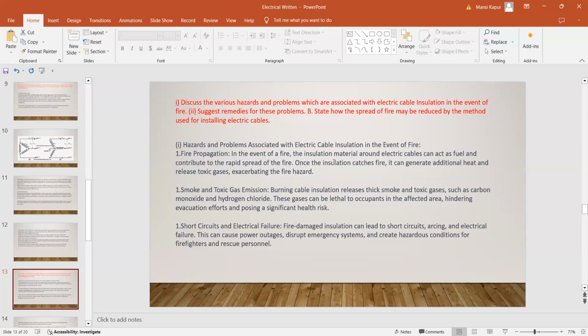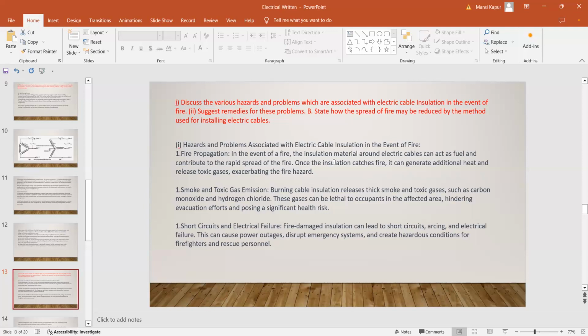Once the insulation catches fire, it generates additional heat and releases toxic gases. Second one is smoke and toxic gas emission. Burning cable insulation releases thick smoke and toxic gases such as carbon monoxide and hydrogen chloride. These gases can be lethal to the occupants in the affected area, hindering the evacuation effort and posing a significant health risk.